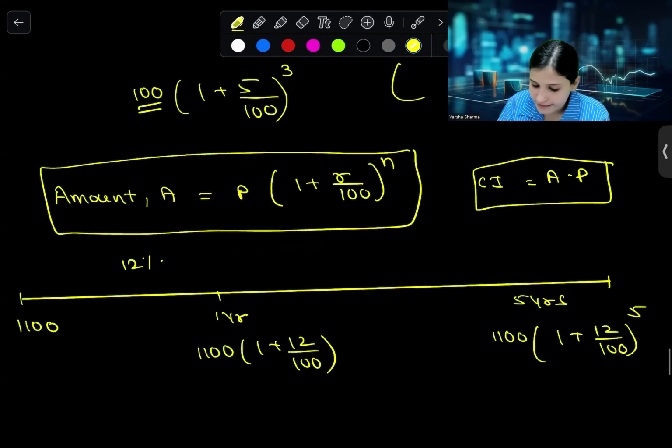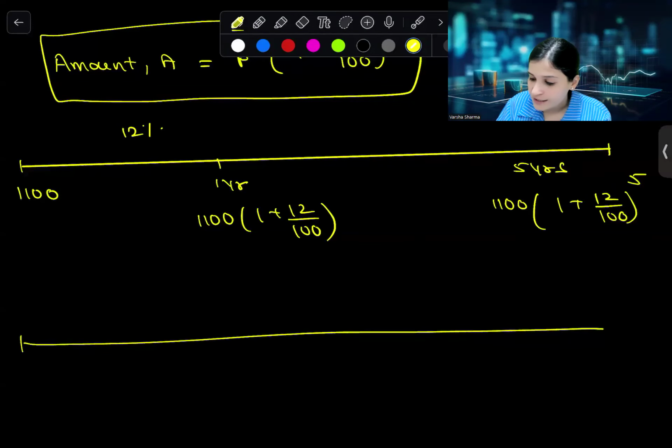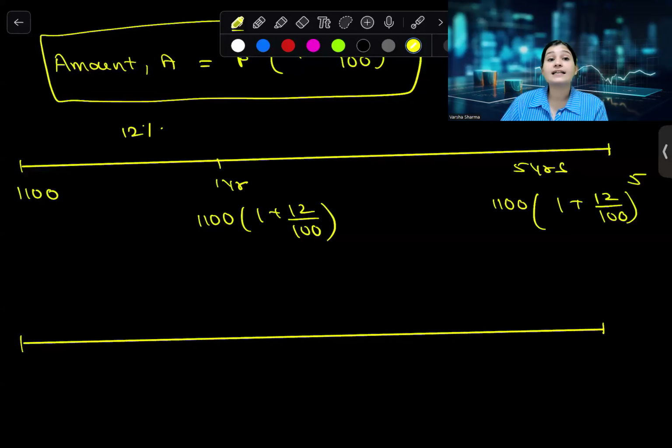Now, if I calculate this half yearly or semi-annually, that is in 6 months, if I'm paying 12% interest for the full year, so for 6 months, how much interest rate will I pay? 6%, half of it.